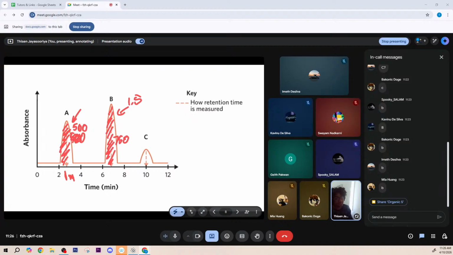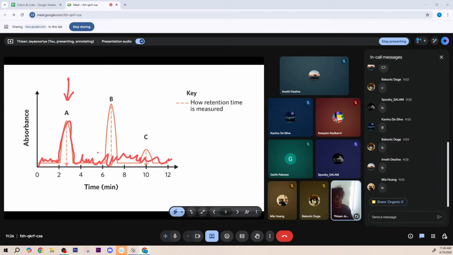You can essentially find out what the concentration of the solution you're looking at is. The other thing you can tell is the presence of something. So we know this is compound A, and let's say we're running another experiment, and we saw all this stuff, and there's this one over here.